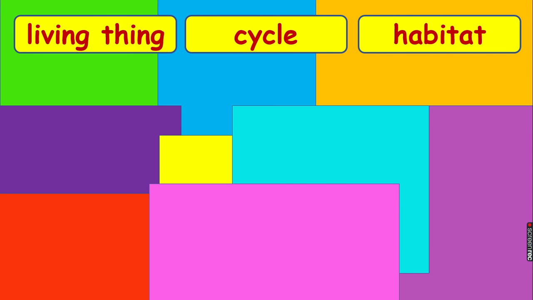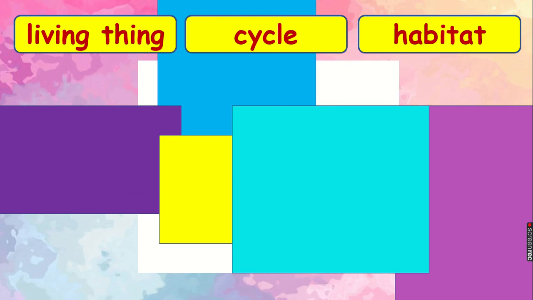If you think the word is habitat, then you shout habitat three times. Say it loud for 3 times, okay? If you think the word is living thing, while I'm removing these rectangles, you say living thing, living thing, living thing. Or if it's a cycle, cycle, cycle, cycle. Okay, let's do this fast. 1, 2, go. What is this?